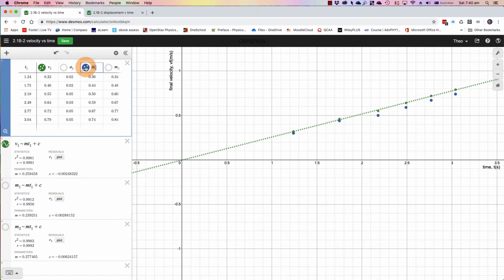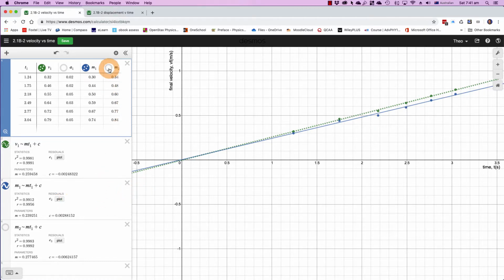So if I check that, there I've got the points, and then if I check that, try again, there I've got my minimum line of best fit.